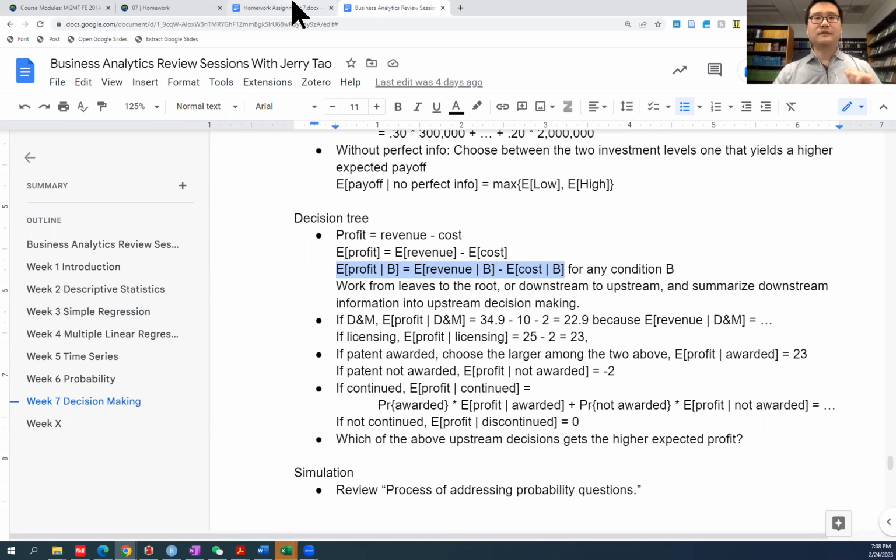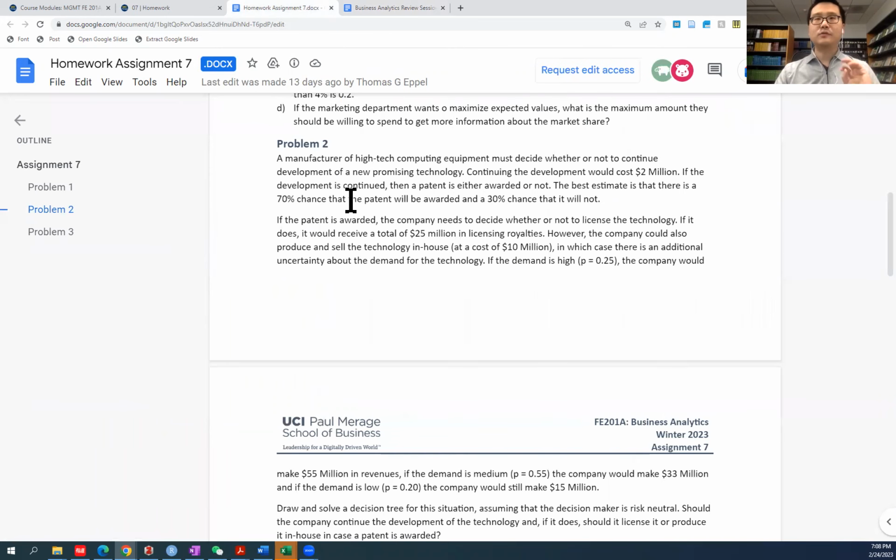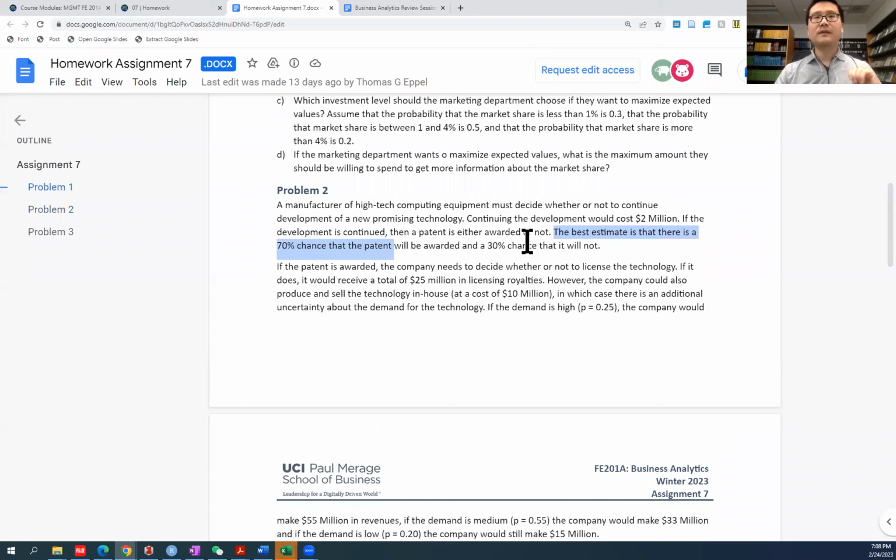So let's first walk through each step so we understand how many steps and what decisions are involved. And for T, the question was on this. There's a patent step involved, and she was not sure whether we need to calculate anything in this step. So let's see whether it's necessary.